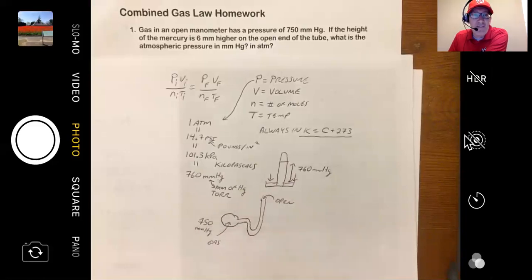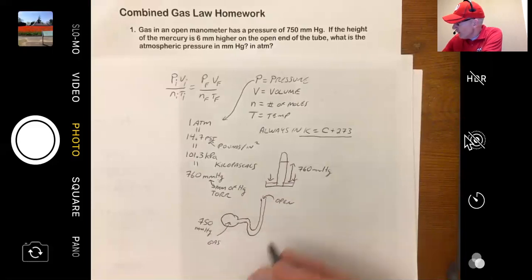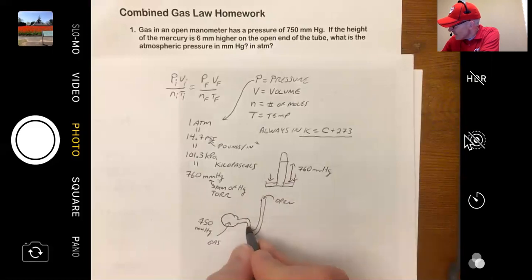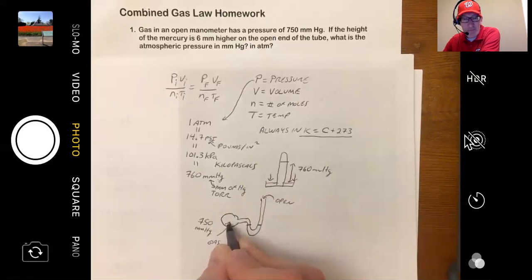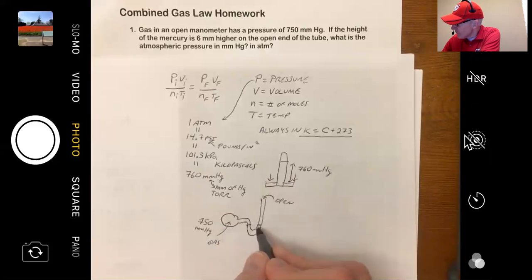And it says the height of the mercury is 6 millimeters higher on the open end of the tube. Well, let me do this. If the mercury sitting in here was at the exact same level, and this pressure was 750 millimeters of mercury, Lauren, if the liquid levels are at exactly the same height, what would you say about the pressure on this side?